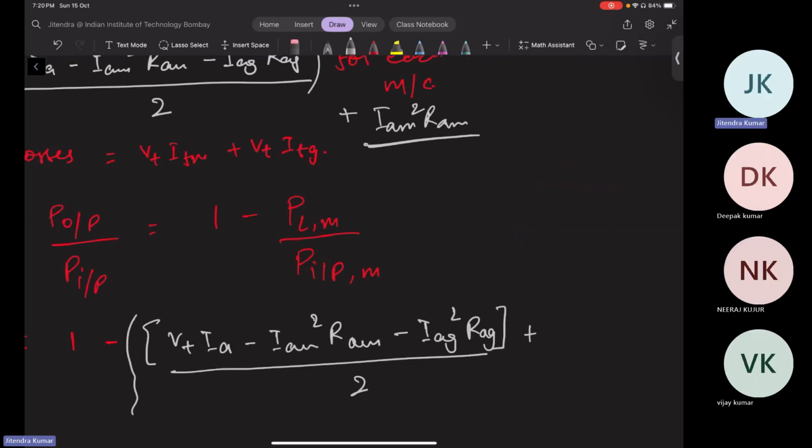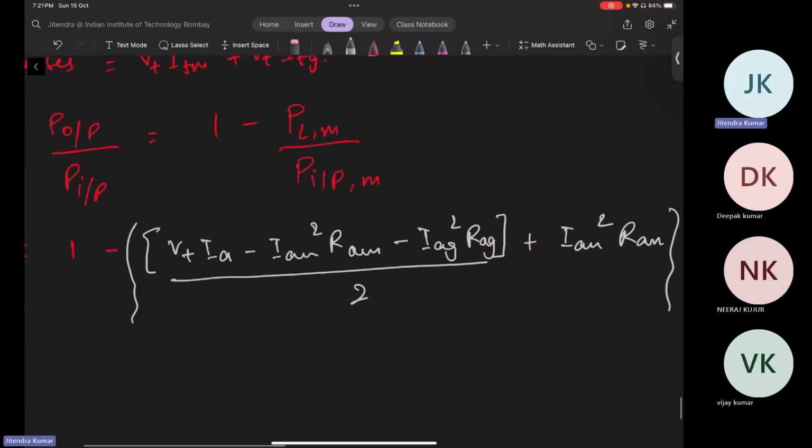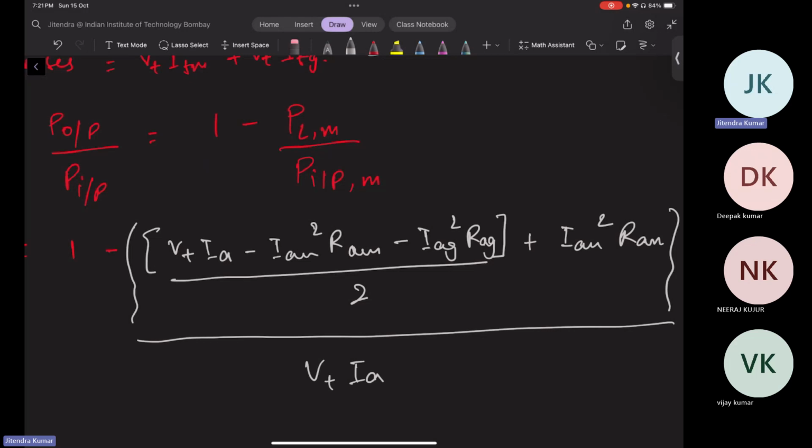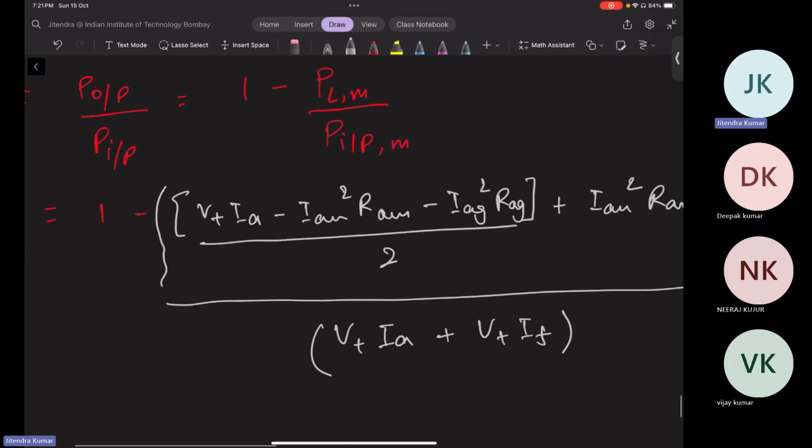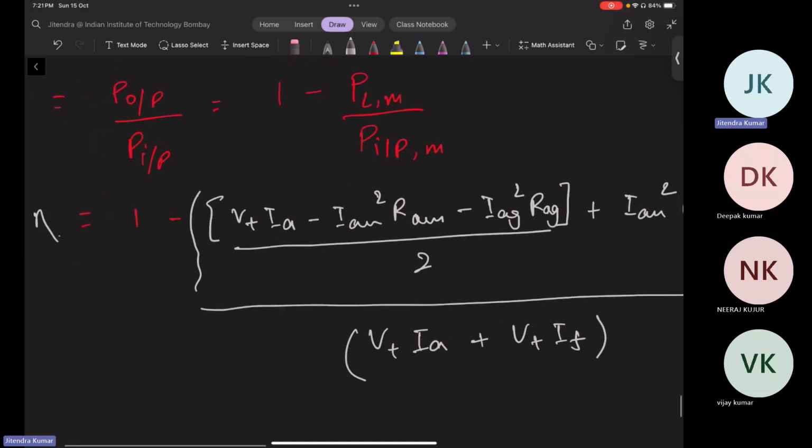So let me plus IAM square RA, divided by input, which is nothing but VT into IL, plus VT into IL. Okay, so this is the expression of the efficiency of the motor set.